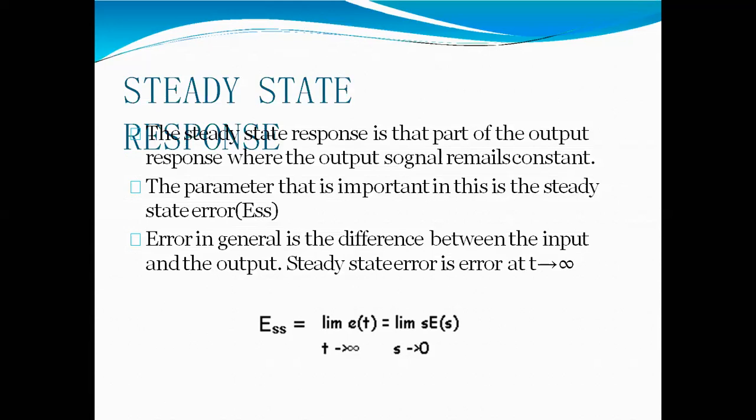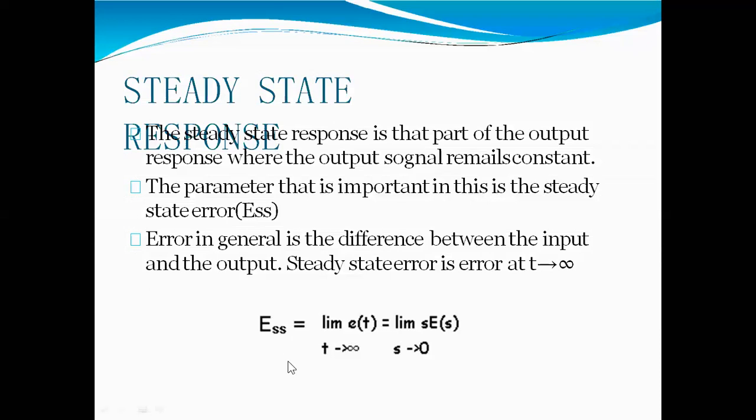So how we represent the error signal in the control system: R of S is equal to E of S plus or minus the feedback signal, B of S or C of S you can take. The error signal is the difference between the input and output. And in terms of error, the steady state error is the error at time t equal to infinity.